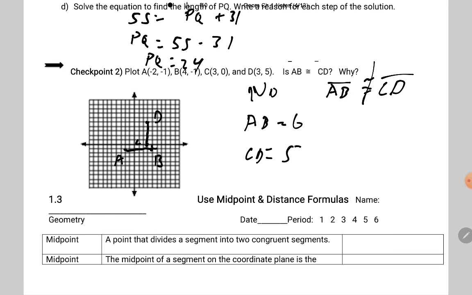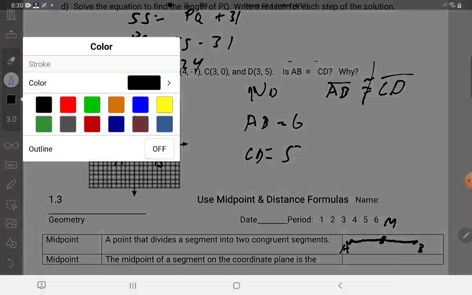So first off, what is a midpoint? Okay, what is a midpoint? A midpoint, you can guess, is you have 2 points on a line or a segment, and the midpoint, so let's call this A, call this B. The midpoint is the center of those 2 segments there, and it splits the segment in half into 2 equal pieces.